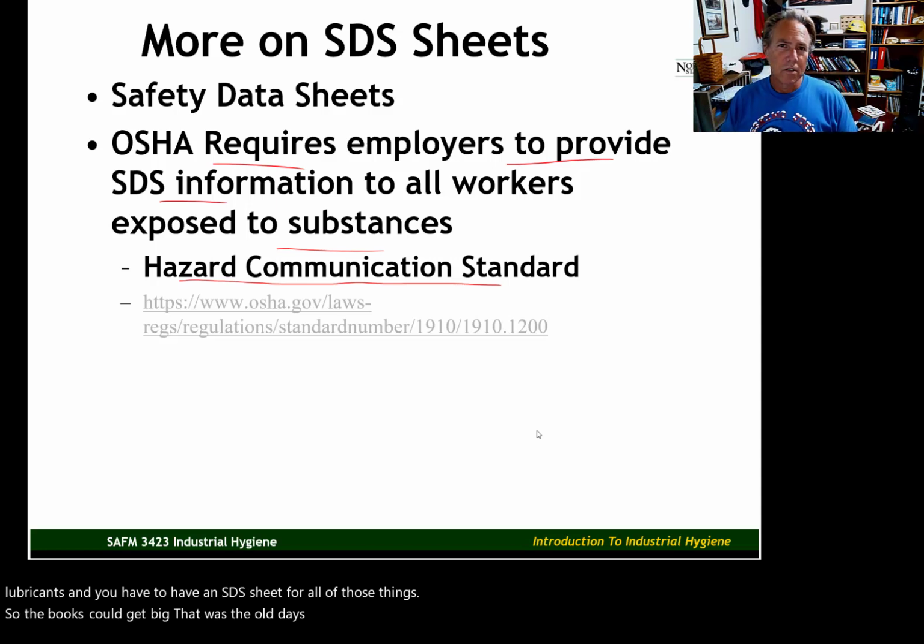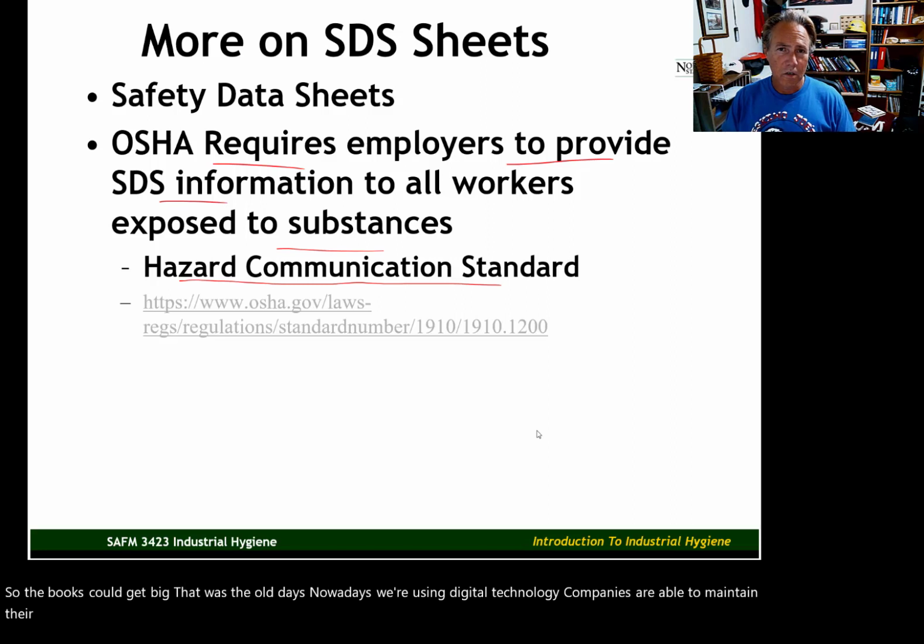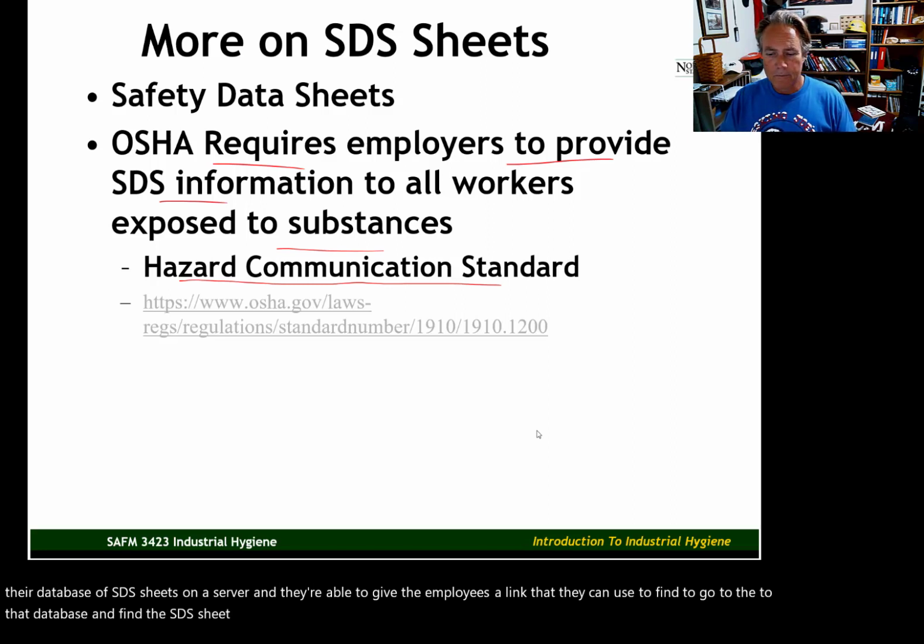Nowadays, we're using digital technology. Companies are able to maintain their database of SDS sheets on a server, and they're able to give the employees a link that they can use to go to that database and find the SDS sheet that they want.